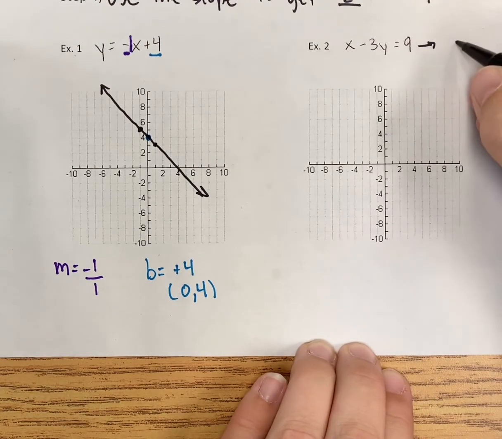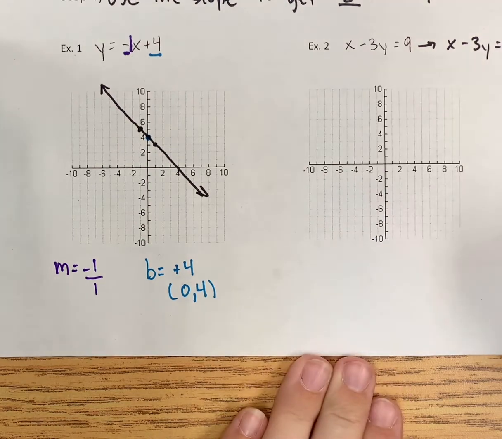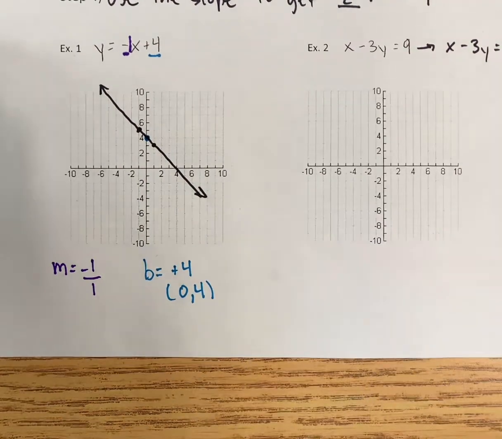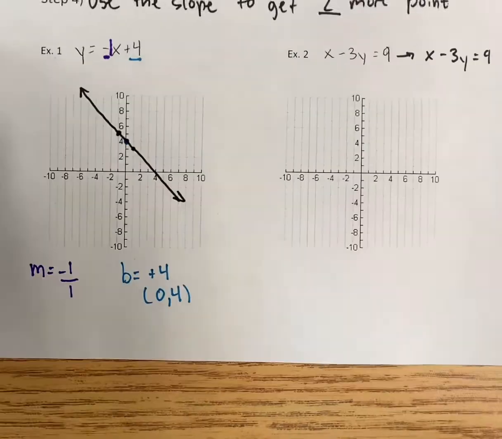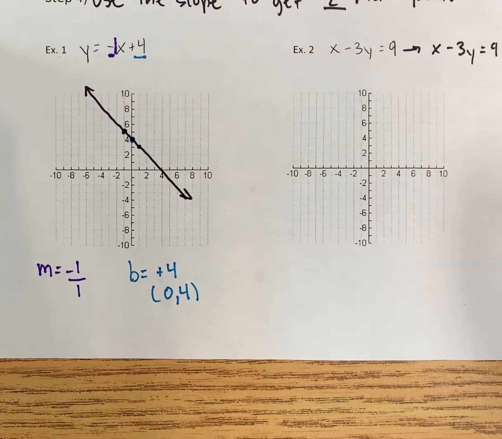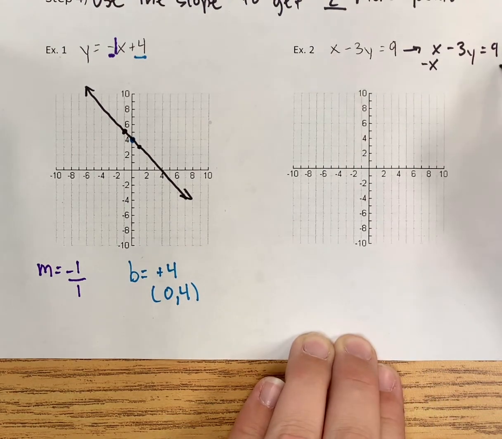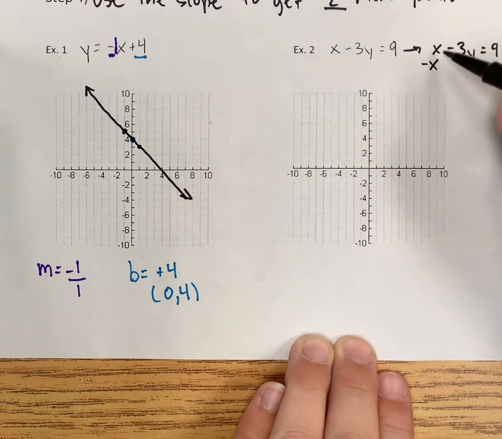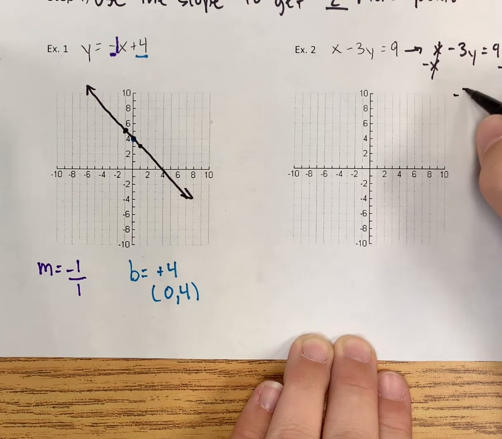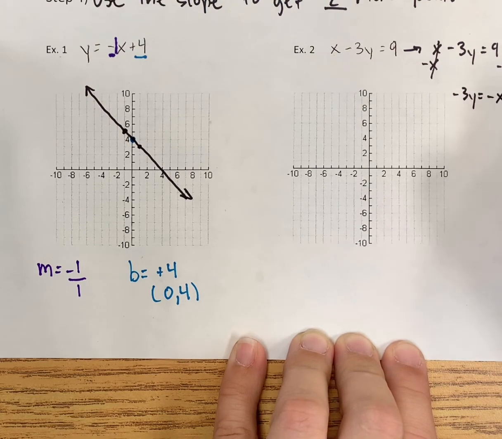If I rewrite this equation here, I'm trying to solve for y. The first thing you should do is get this x to the other side. To do that, I'm going to subtract x from both sides. So these cancel. You now have negative 3y equals negative x plus 9.